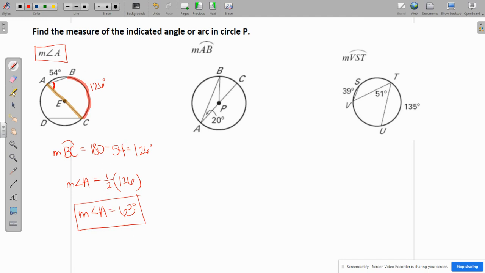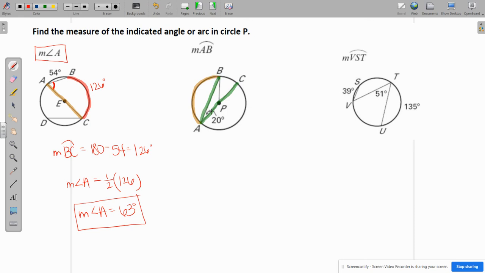In the second problem, I always like to highlight what it is that I'm looking for. So I want the measure of arc AB. That means that I'm looking for this arc here. Well, the first thing I notice is that I have an inscribed angle, angle BAC, which is 20 degrees. That means that the measure of the inscribed angle is half the measure of this intercepted arc.